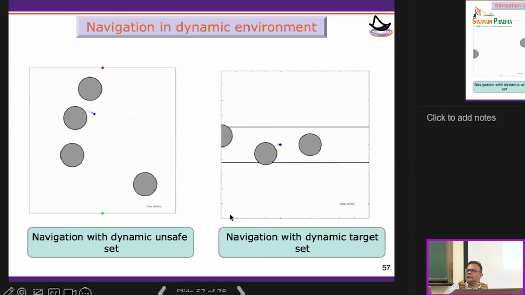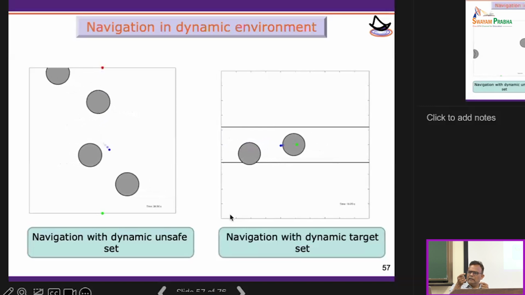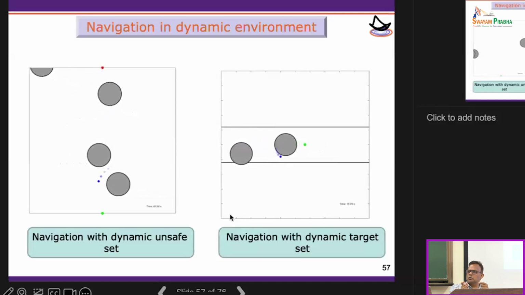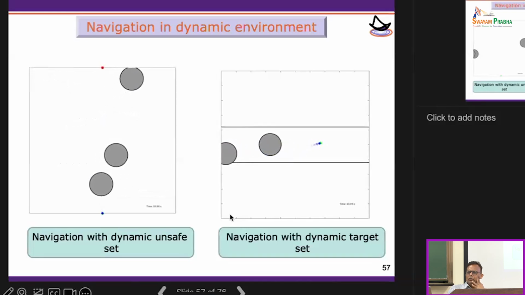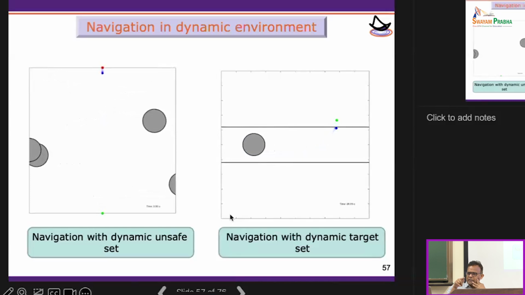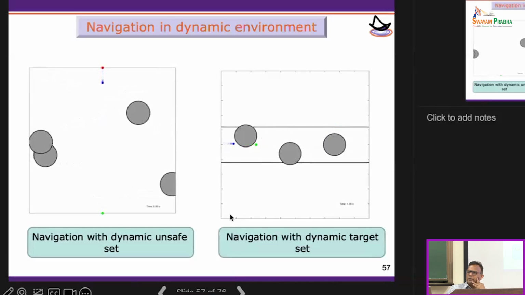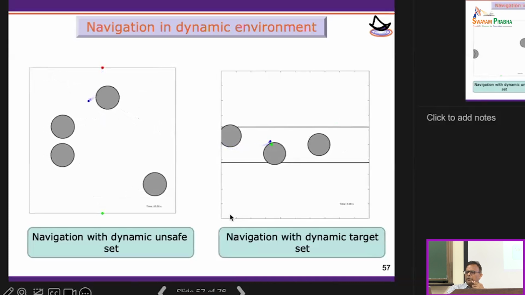So even the sensing region can be characterized purely in terms of the annulus, which is basically the distance to the obstacle set. That's all you will need. You don't really need to know the whole shape of the obstacle set, which is the information used in SK of X, and that's what has been done here.